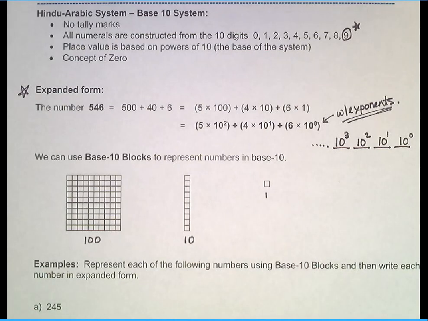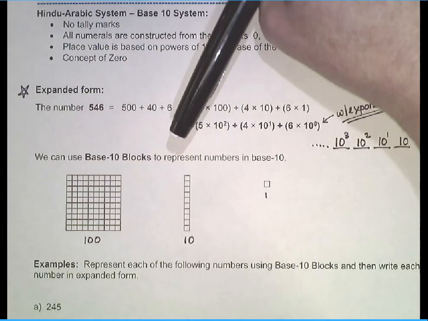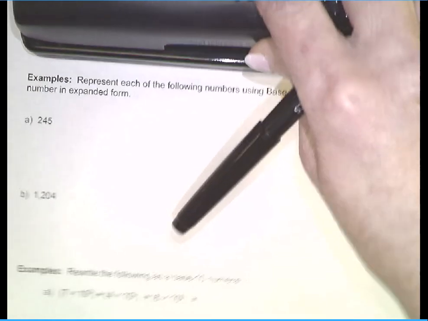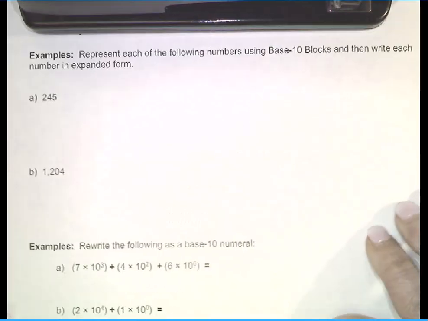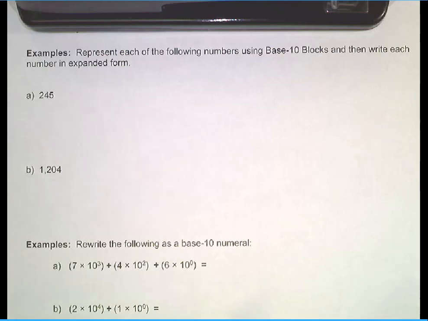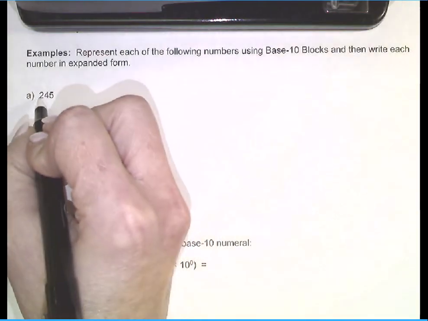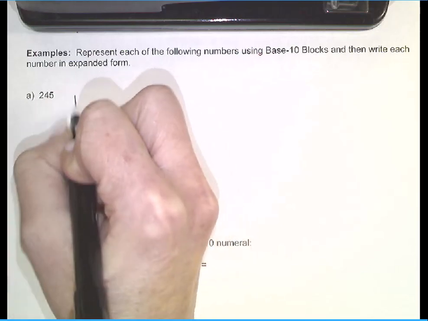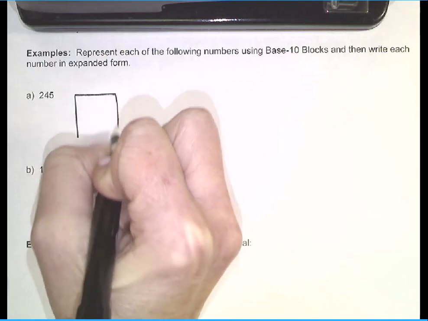So the examples say, represent each of the following using base 10 blocks and then write them in expanded form. Okay, so we'll start off with the base 10 blocks. 245. That would be 2 hundreds, 4 tens, and 5 ones. So we would have, and these are not going to be to scale, okay?